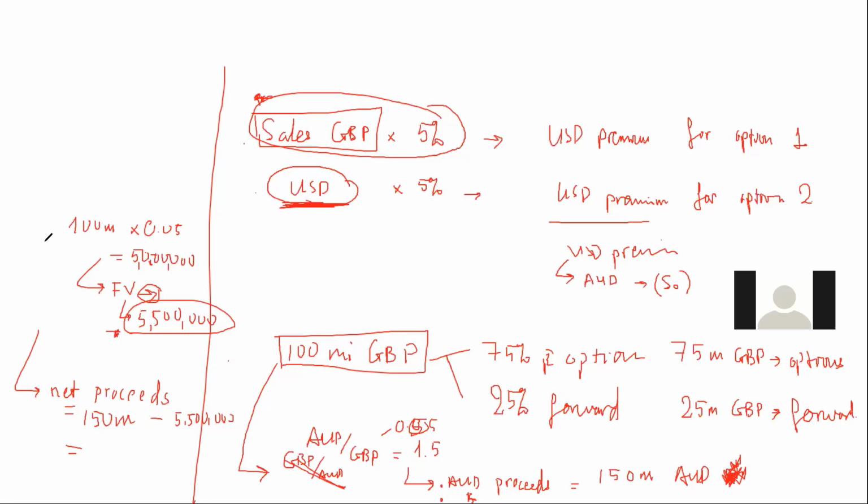So the second part is to compute the option premium cost, right? How much does it cost you to buy these options? Let's say my total exposure is here, and my option premium is here. So the AUD value of the option premium is going to be here.